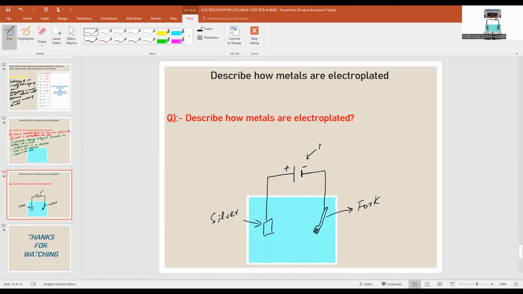Power supply or battery. We have the electrolyte, AgNO3 or Ag2SO4. The cathode is made of the nickel fork and the anode will be of silver. You must have a salt, preferably nitrate or sulfate of silver, as an electrolyte, and a battery as the source of current.